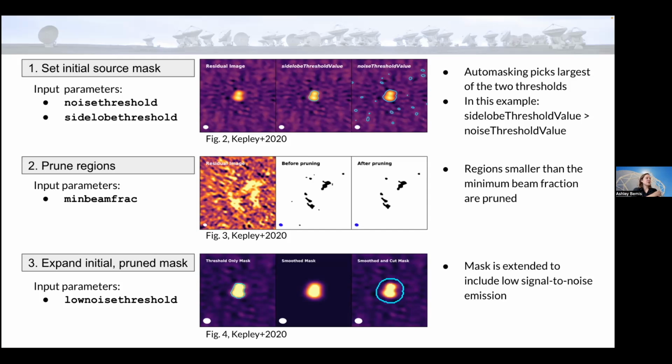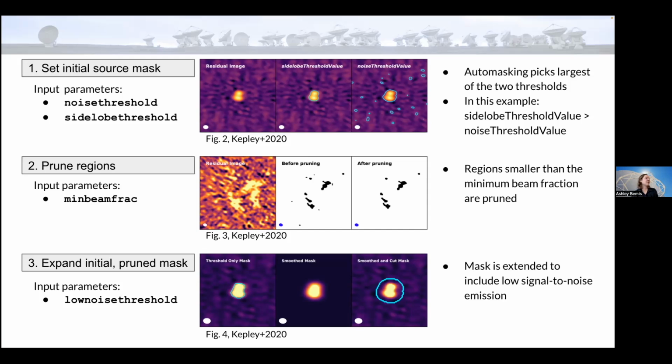This allows you to remove any spurious masks that might be just picking up large regions of noise. This is demonstrated in the central figure here, where we have the residual image, the mask before pruning is applied, and then the mask after the pruning is applied.